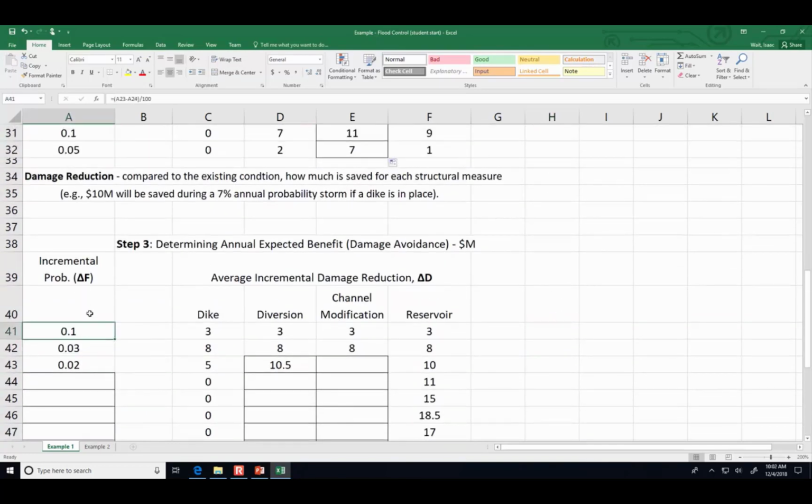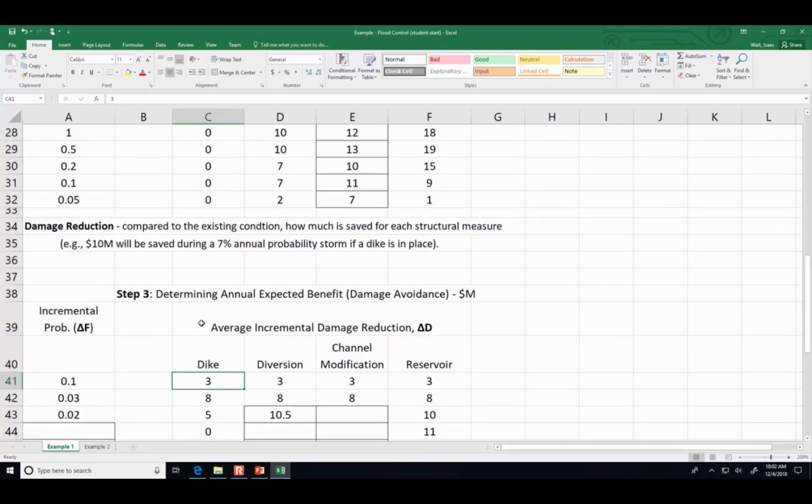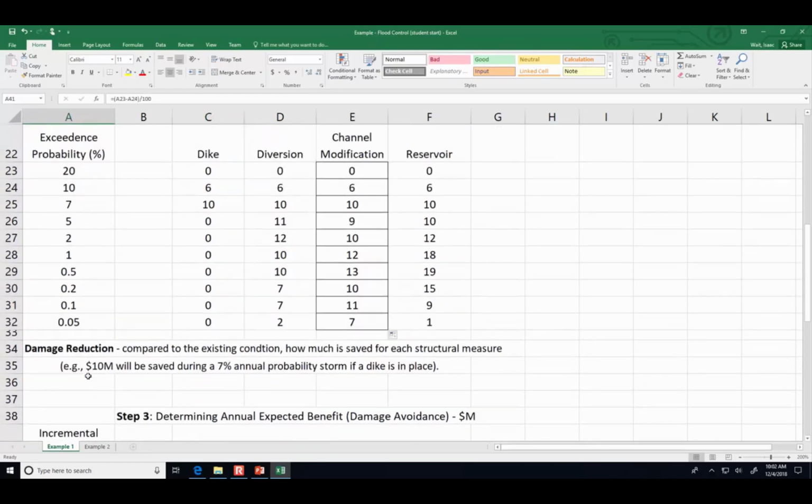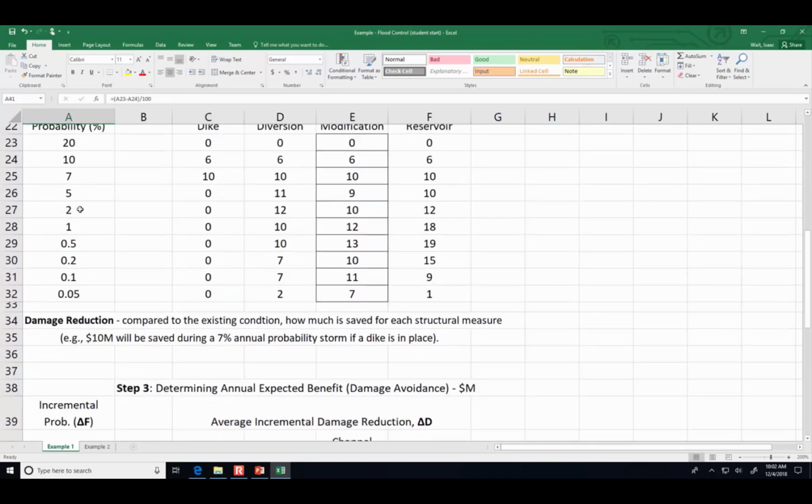And the reason why we're calculating that is we want to find out what's the average damage reduction in that increment. And so here for the dike, this first step is between the 20% and the 10%.